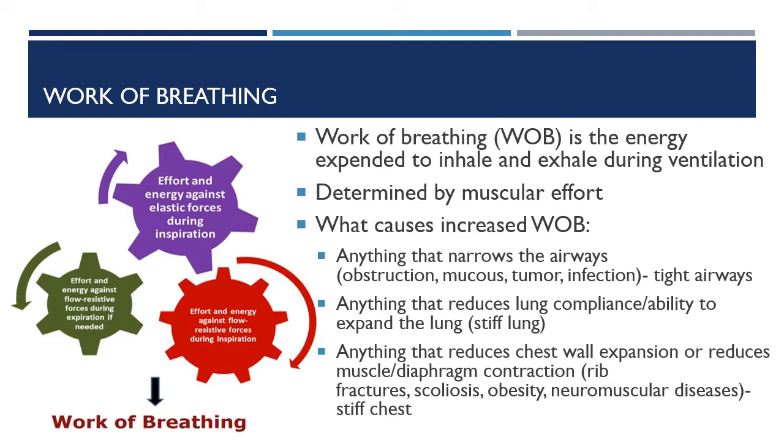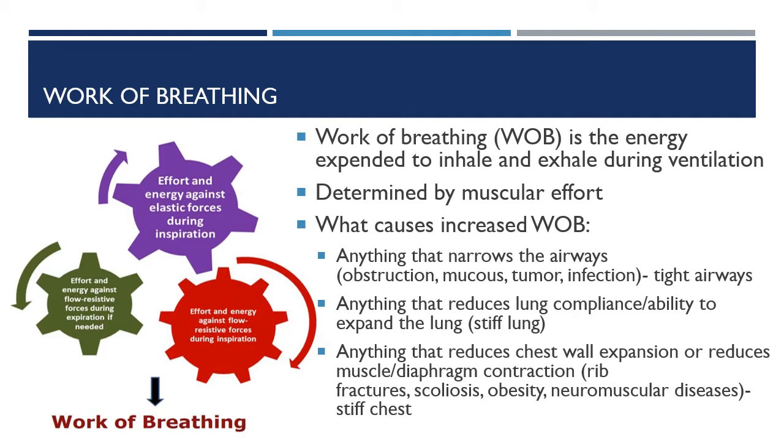So say, for example, you broke your ribs and you're unable to expand your chest wall due to the pain. That's going to make you breathe very shallowly, and you'll have decreased chest wall expansion.